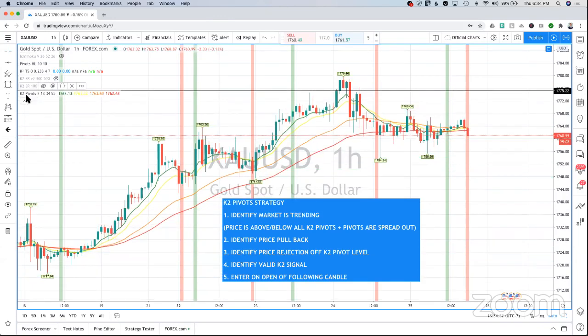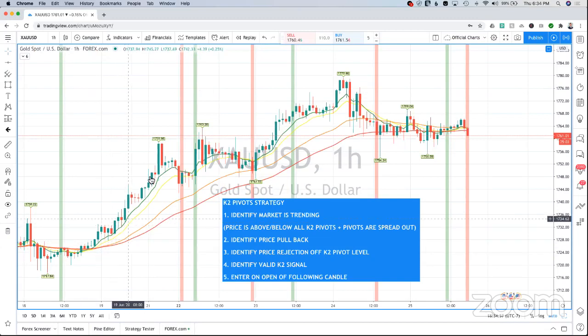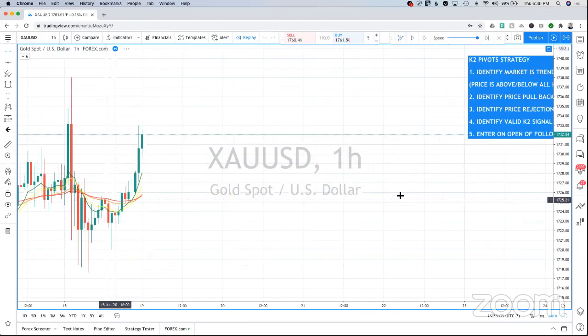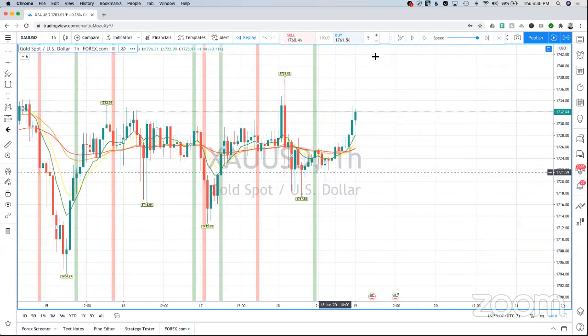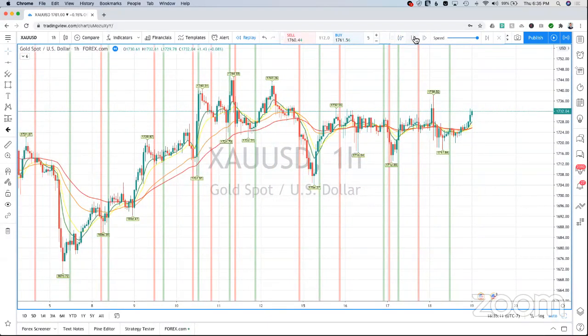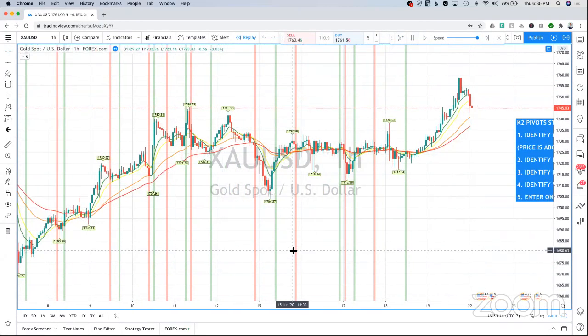The difference with the K2 pivots is that they move with price. So as price moves, the pivots move as well. Let me just show you how that works. Let's rewind right here. You can see it was all messy right here, right? So I'll zoom out. Price is all messy, and then as price moves above, the pivots move with it.